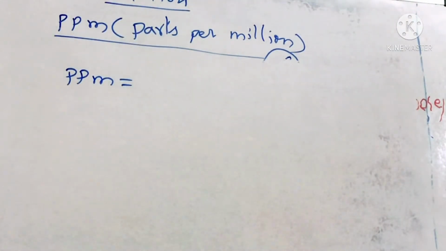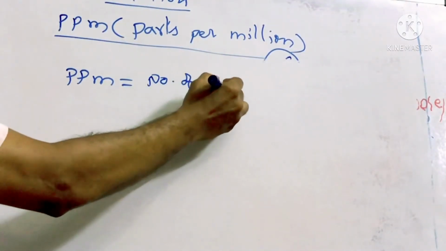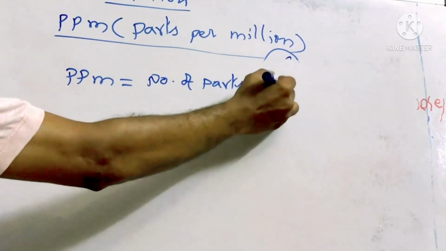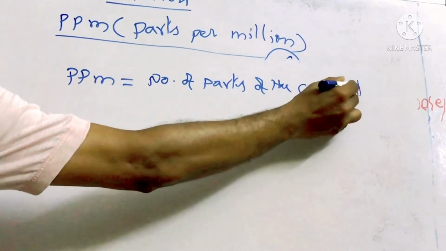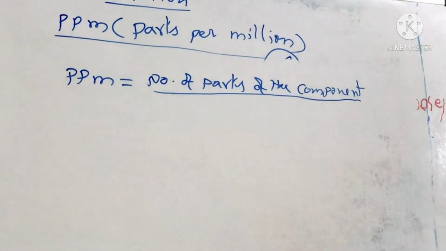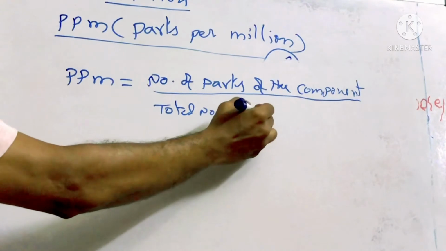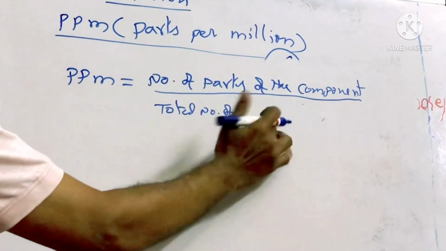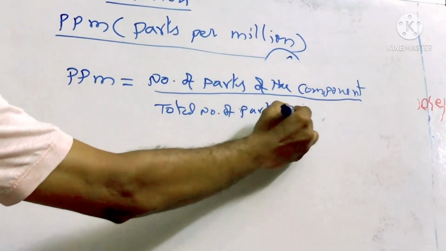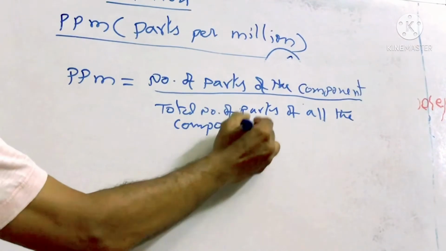It is equivalent to the number of parts of the particular component by the total number of parts of all the components in the solution, correct?